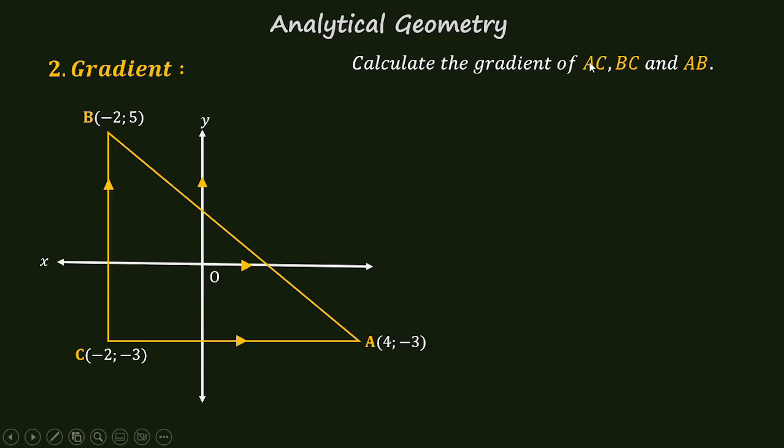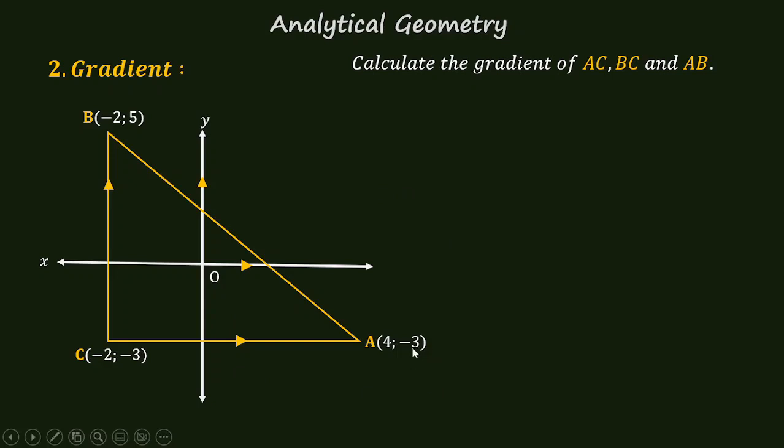Now to find the gradient of AC, there is no need, in fact, to calculate it, since AC is parallel to the x-axis. If a line is parallel to the x-axis, it will always have a gradient of 0. The reason being, the gradient between 2 points is the change in the value of y over the change in the value of x.